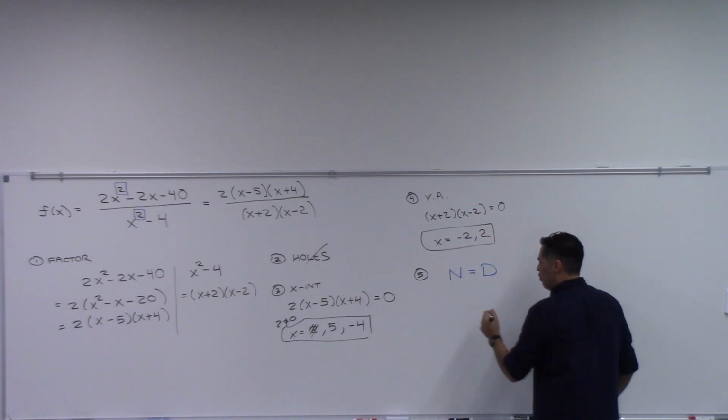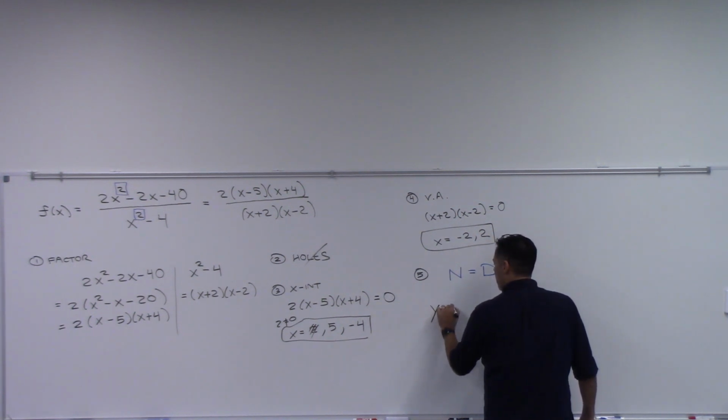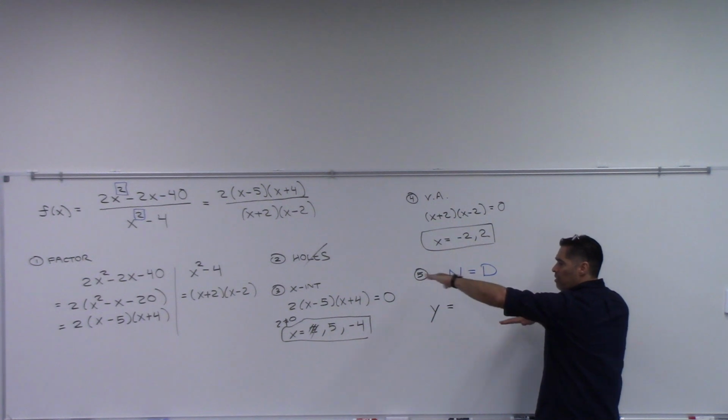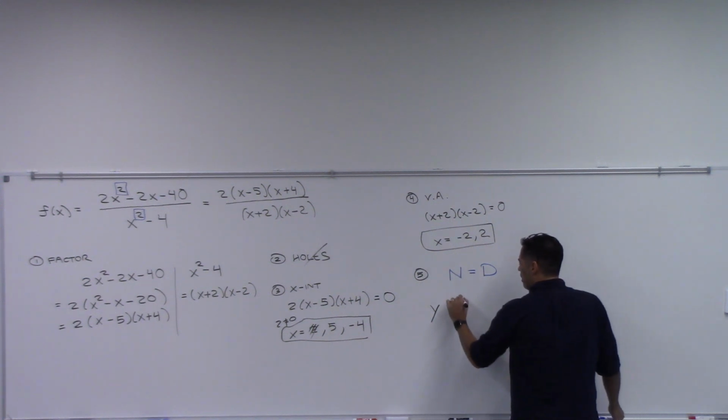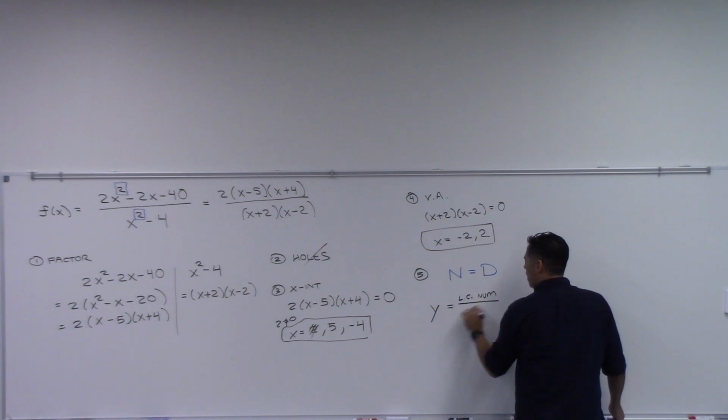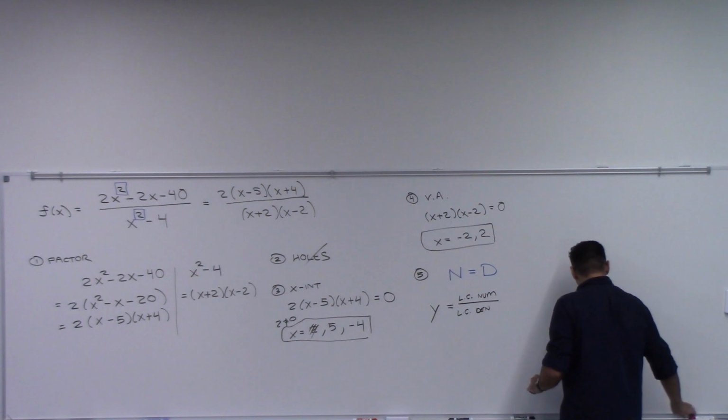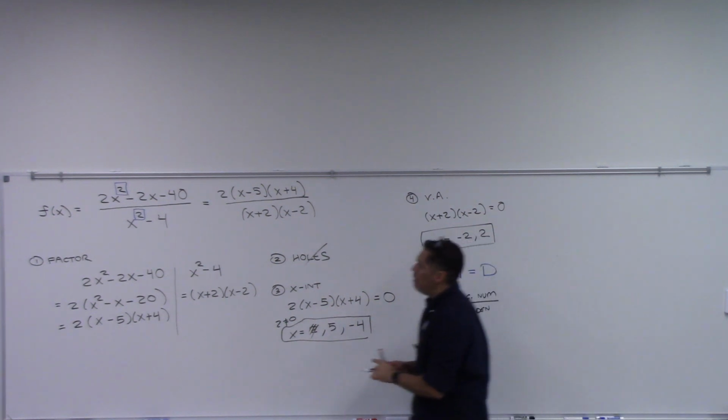When we have this, we're going to say y equals, so y is a horizontal line, y equals the leading coefficient of the numerator divided by the leading coefficient of the denominator. Remember, the leading coefficient is the number in front of the highest power of x.